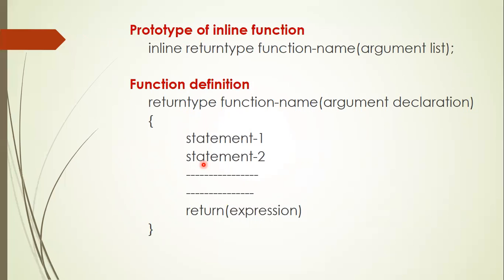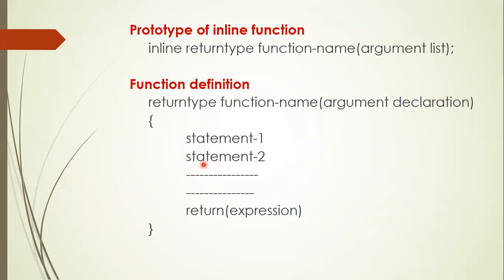But in the case of inline, before writing the return type float, you prefix it with the keyword inline. If you just add the word inline, the function works in inline mode, meaning your overhead time is avoided. The way you define the function does not change at all.